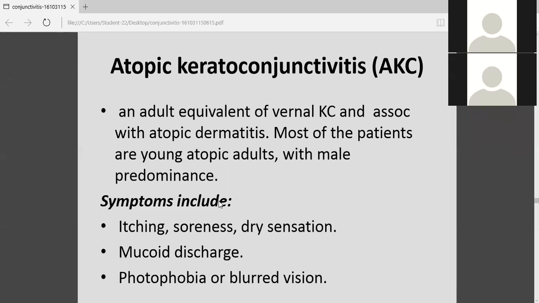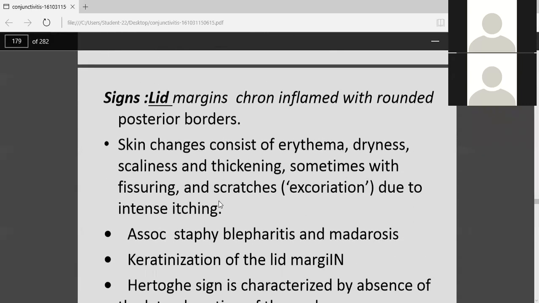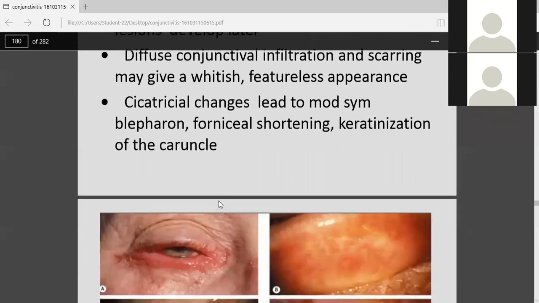The patient is having atopic dermatitis, and along with that, will be having the signs and symptoms of allergy in the eye also. There will be itching, there will be mucus discharge, photophobia. These are all the same signs and symptoms as in allergic conjunctivitis. But the diagnostic sign is that this patient will be having some skin allergy.